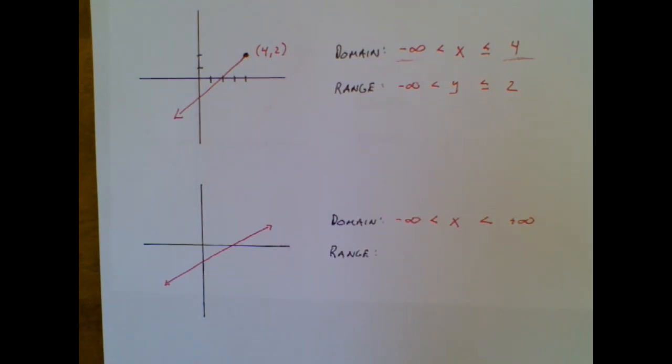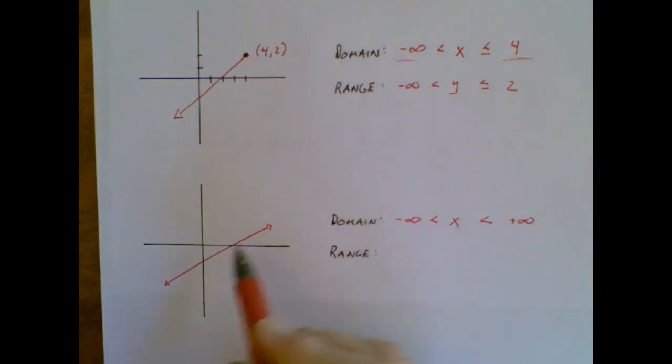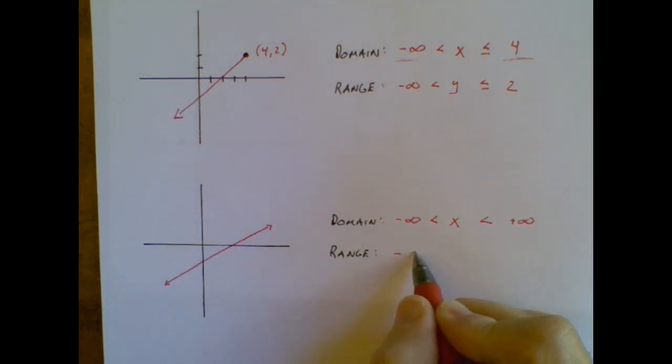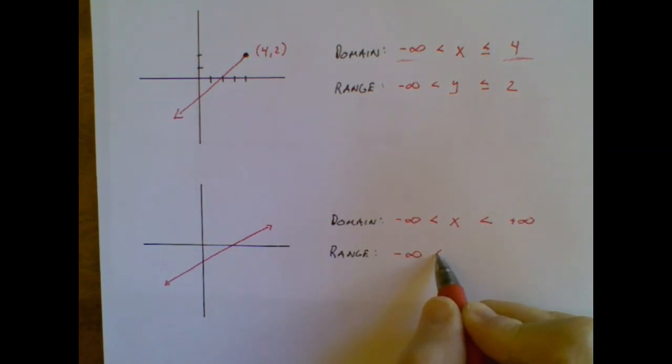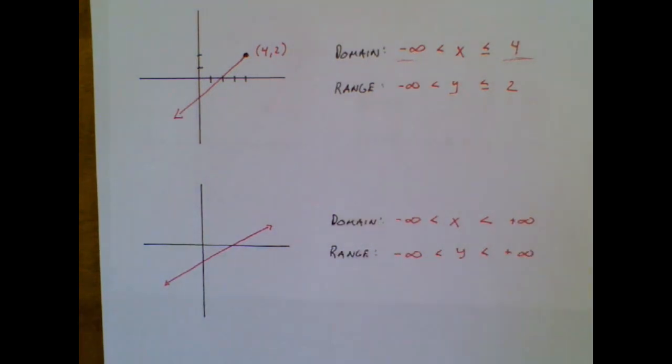Basically, every single x value in the world would show up on that graph. If I think about the range, my graph continues to go upward forever and ever and ever, but my graph also continues to go downward forever and ever and ever. So that means it can get as low as -infinity, and it can get as high as +infinity. So this is pretty awkward when you don't have any ending spots, but you're still saying what's the smallest and what's the largest.